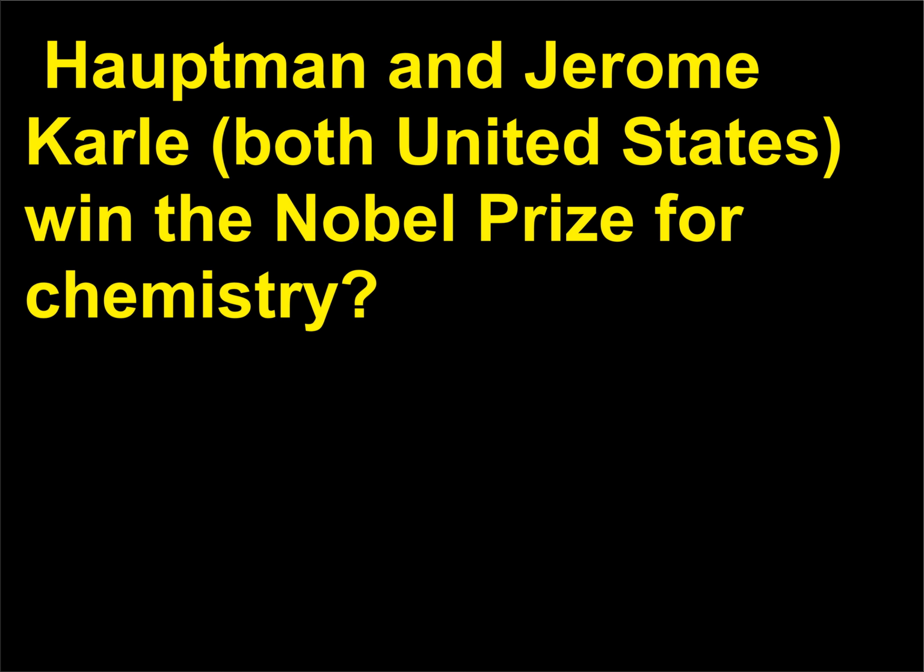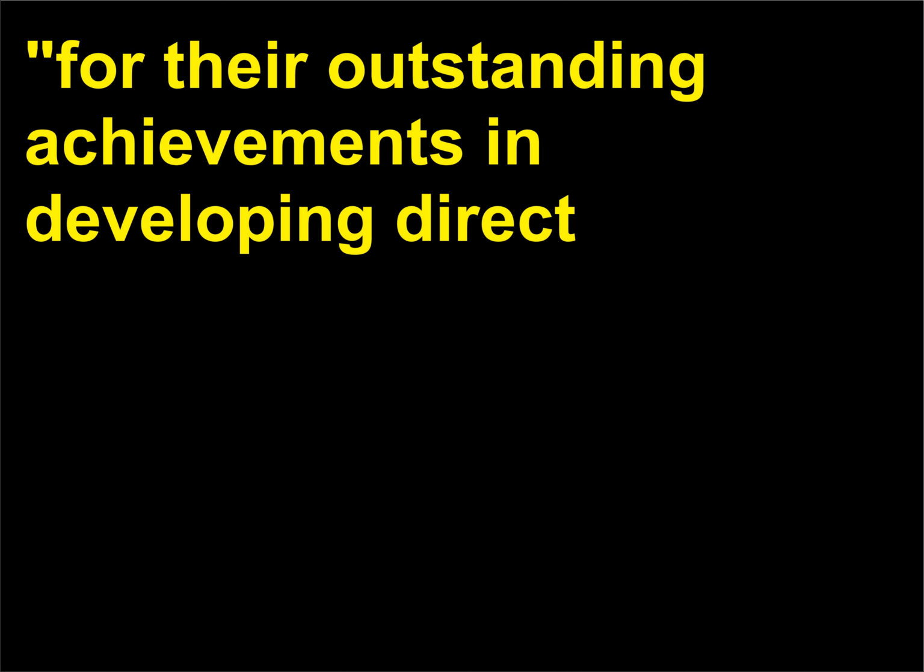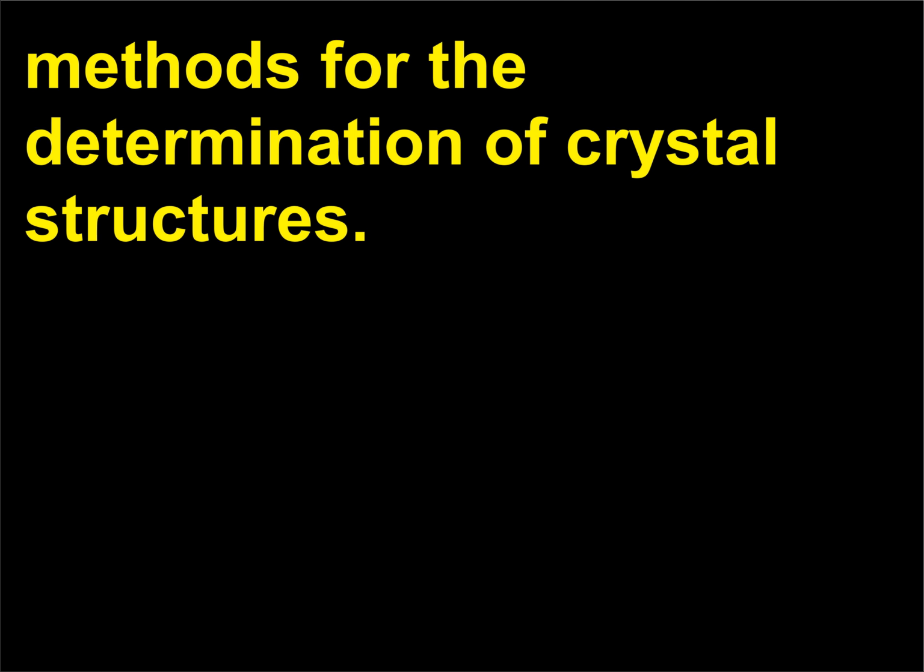Why did Herbert A. Hauptmann and Jerome Karl, both United States, win the Nobel Prize for Chemistry? For their outstanding achievements in developing direct methods for the determination of crystal structures.